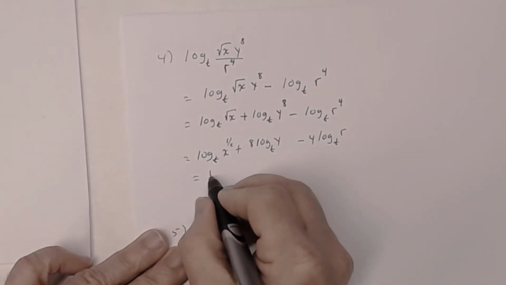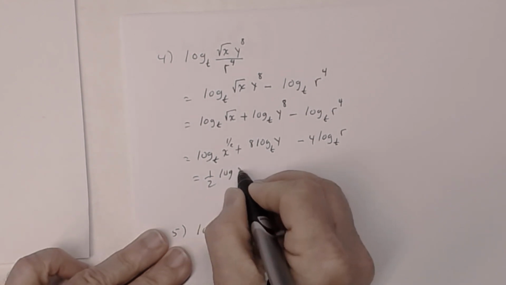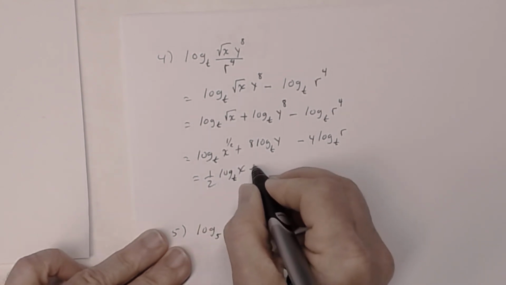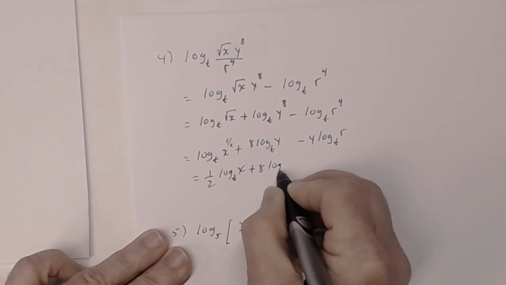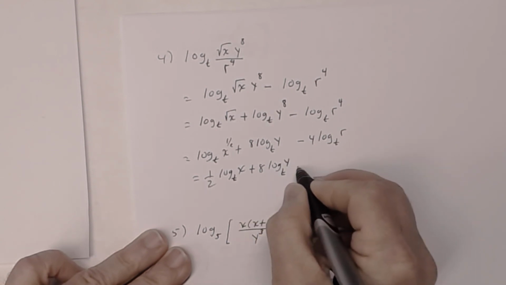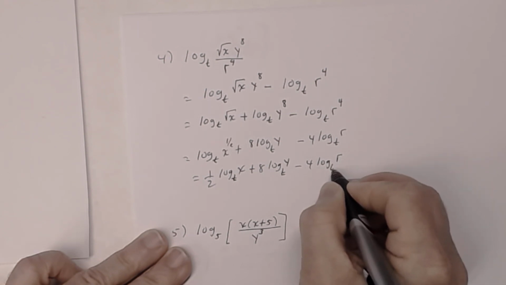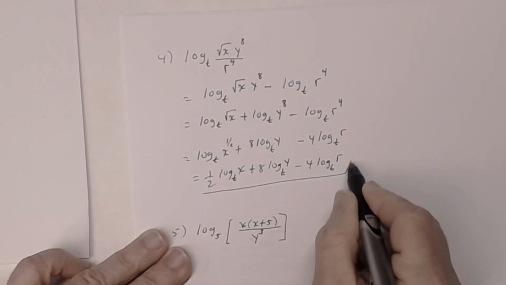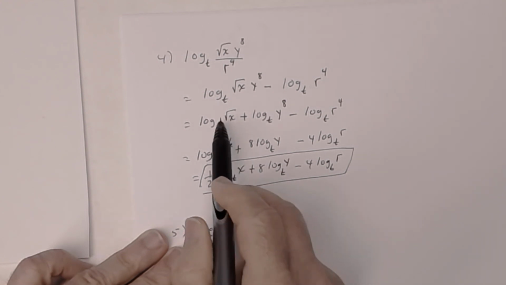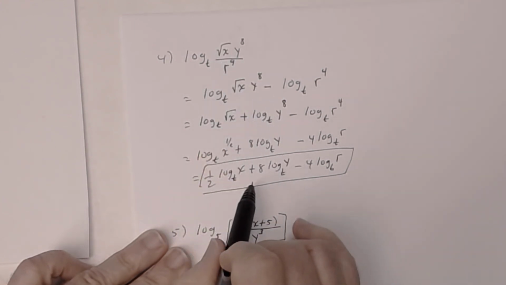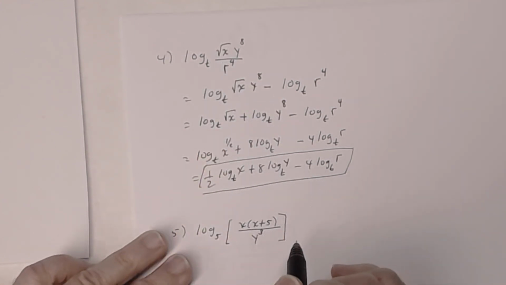So that becomes 1/2 times the log of x base t plus 8 times the log of y base t minus 4 times the log of r base t. And that's it. So you've expanded this log expression as much as possible.